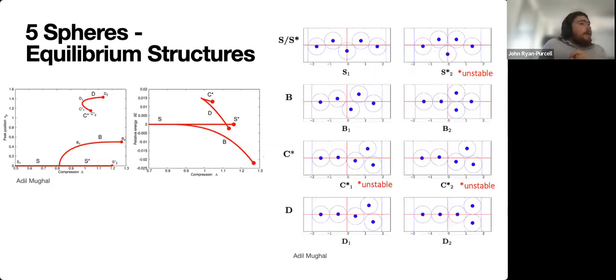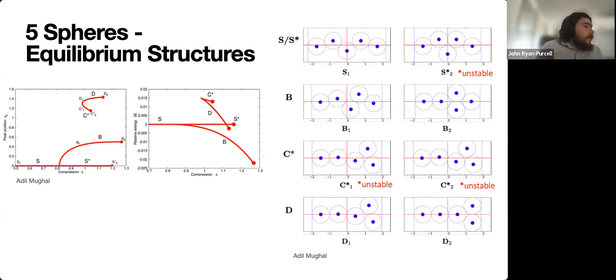And examples of this, which were done by Adil, thank you very much, Adil, are for 5 spheres contained within this potential, where we used the shooting method to find structures that are in mechanical equilibrium.